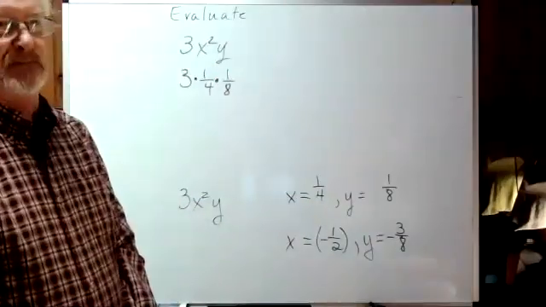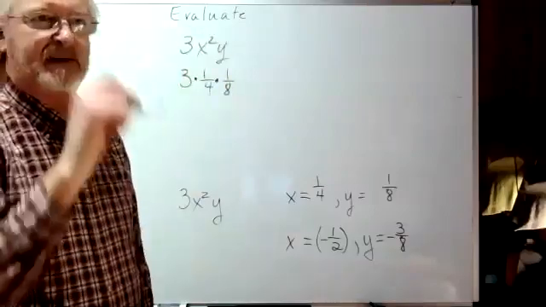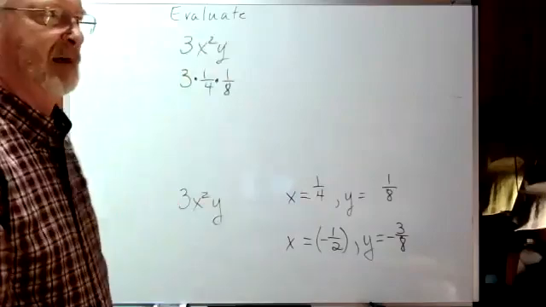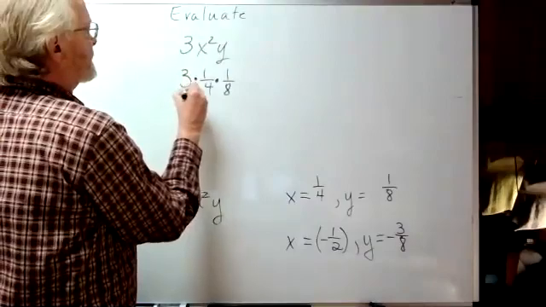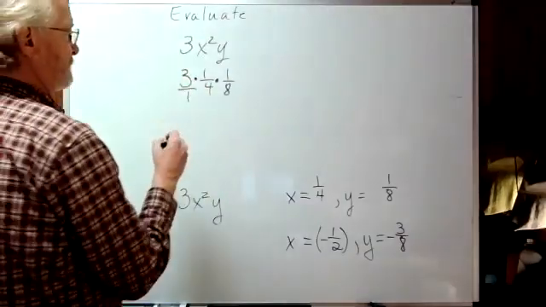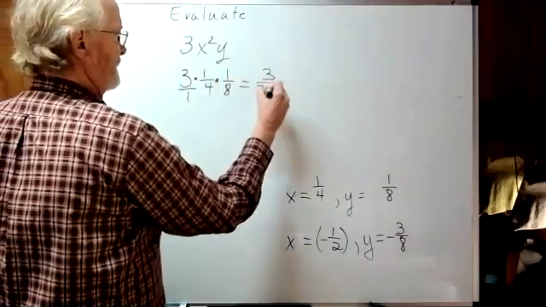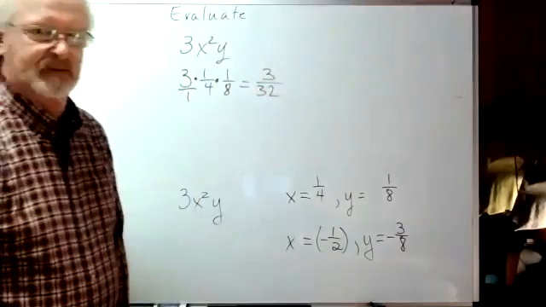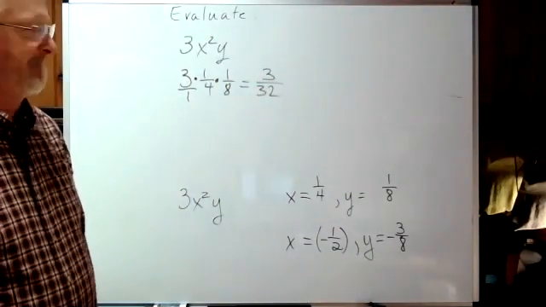This is a multiplication problem. At most, we would look to see if we have any common factors to cancel before we multiply so that we have less work to do at the end. You might think of this as 3 over 1, just to make that real clear. But I guess that's just 3 over 32. Okay.